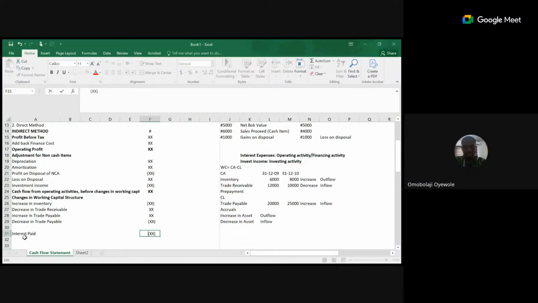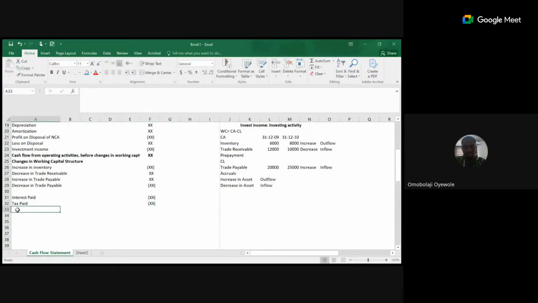Then after that, tax paid, because tax too is a result of the profits you have generated for the period. So your tax paid is an outflow.